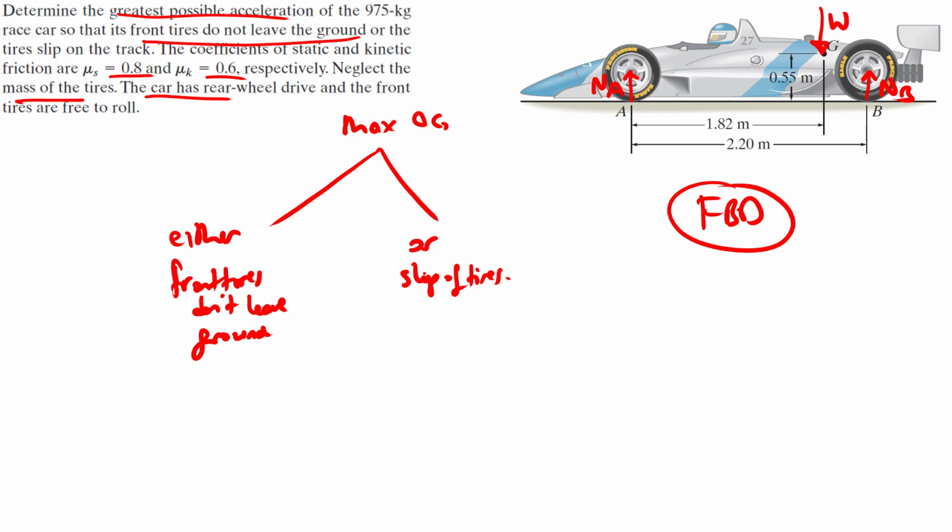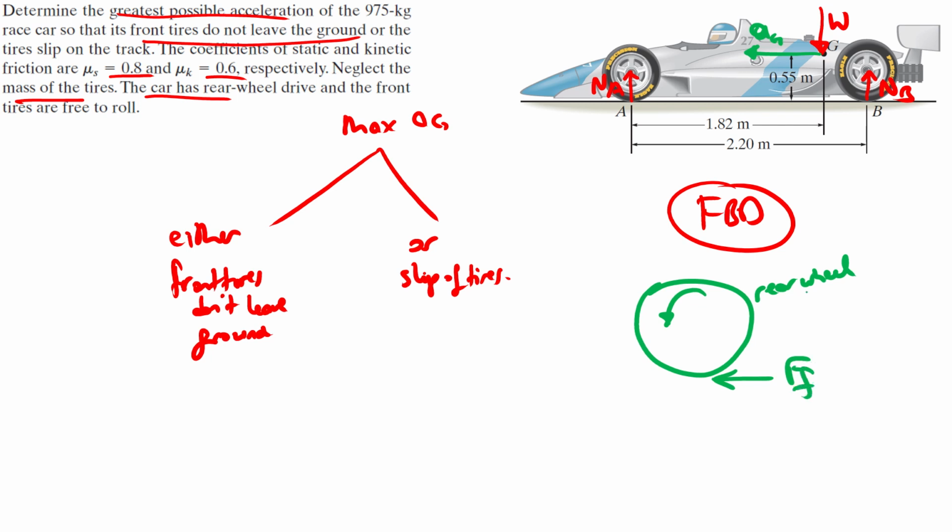The friction force will be that, this is the rear wheel, and it rotates that way because the car moves this way. And then the friction is against the motion and that's the F of F. So we have a frictional force this way.